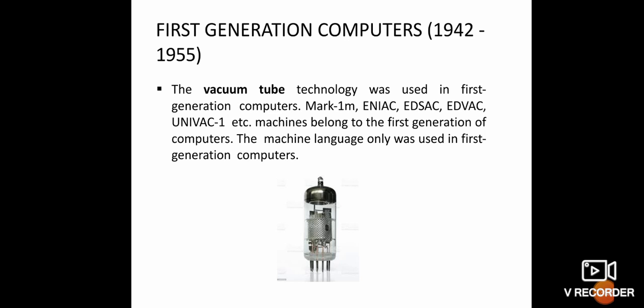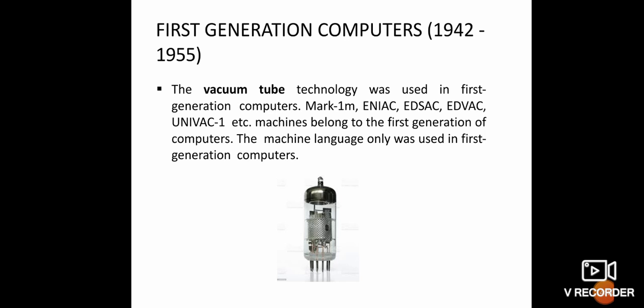And the various machines used here are the examples of first generation computers. The first one is Mark 1, which is an IBM automatic sequence control calculator. It is an electromechanical calculator. Then ENIAC refers to electronic numerical integrator and computer.